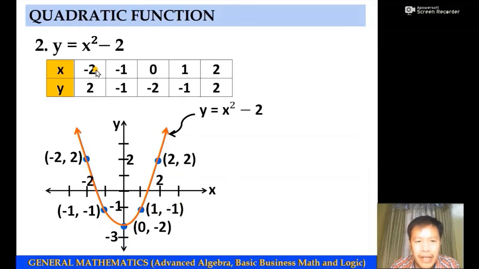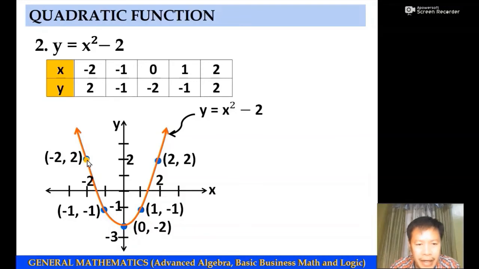Now, we will proceed with (-2, 2). From the origin, move to the left 2 units: 1, 2, negative 2. And move upward, 1, 2. And these are the coordinates (-2, 2).